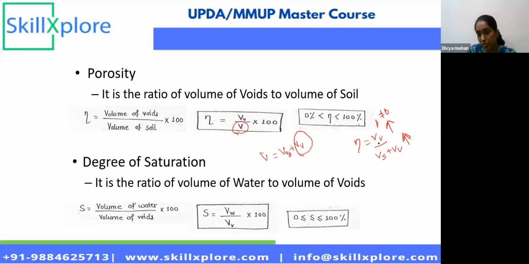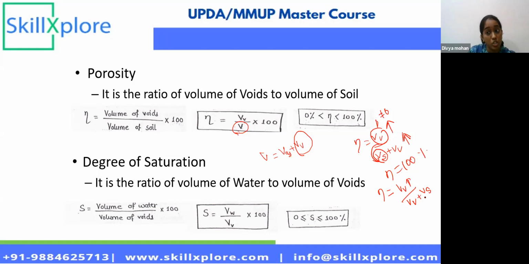If eta were to be 100%, the numerator should be equal to the denominator. However, Vs is also a constant parameter. So at every condition, when Vv is increasing, the denominator will be somewhat higher than the numerator.